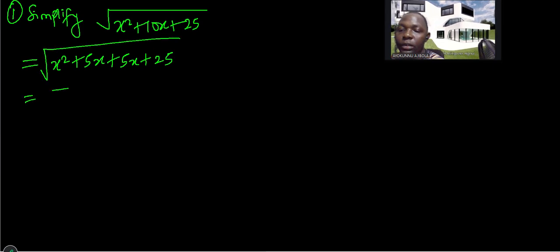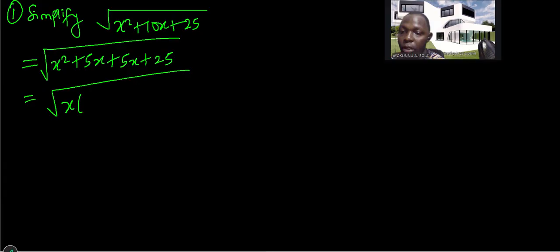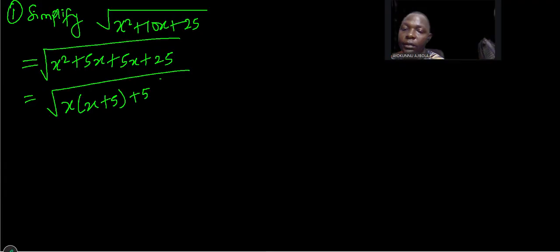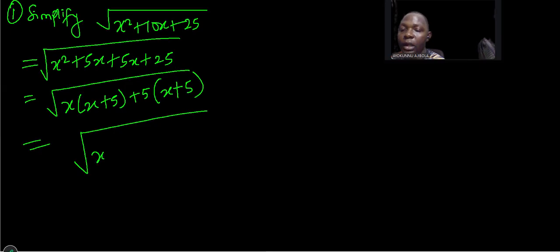Then we can factorize x into x plus 5, then plus 5 into x plus 5. So we have the same thing here, x plus 5 twice, like x plus 5 squared, right?